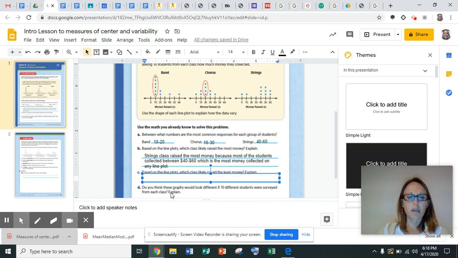And we're going to say band earned the least amount, raised the least amount of money because the majority of students only raised $10, which is the least amount of money.